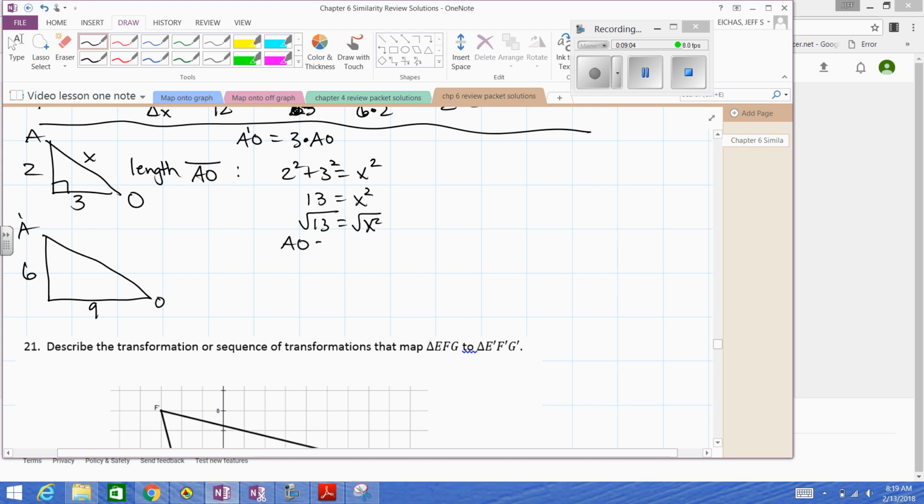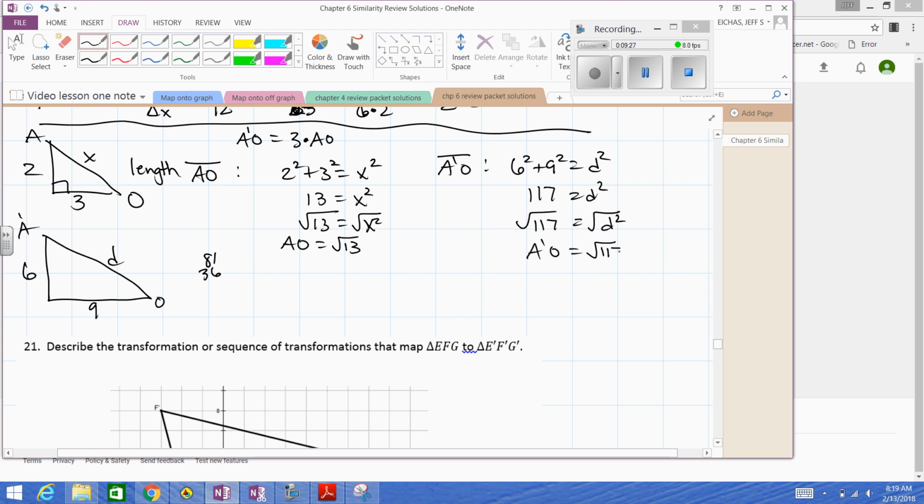So A to O is square root of 13. A prime to O, you're going to use 6 squared plus 9 squared. Call it D. 81 and 36. Okay, so 117. So A prime to O is the square root of 117.